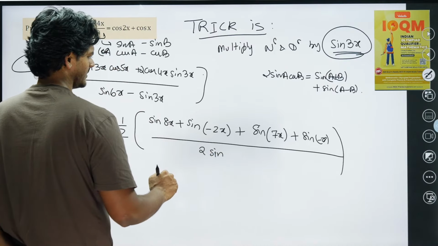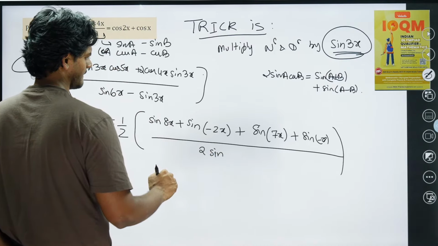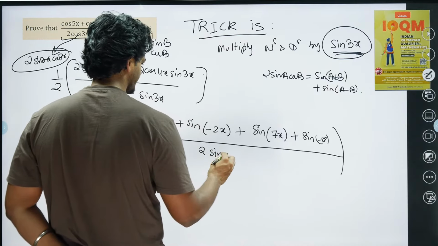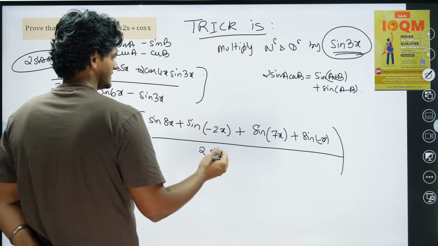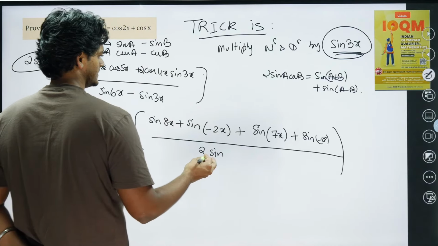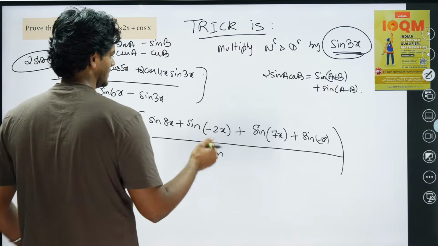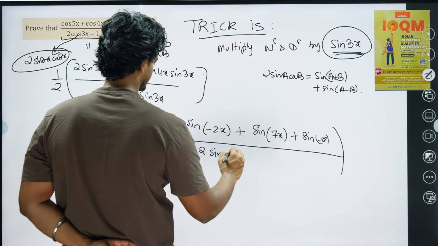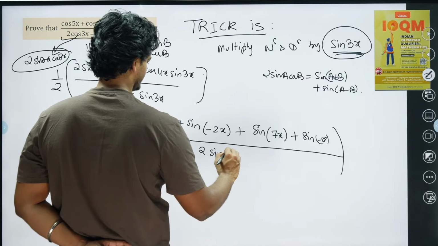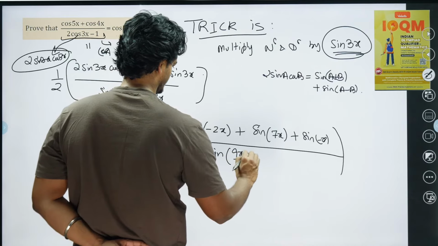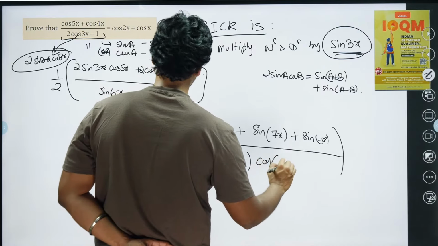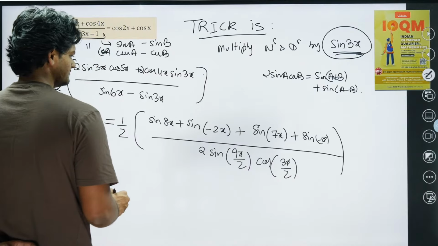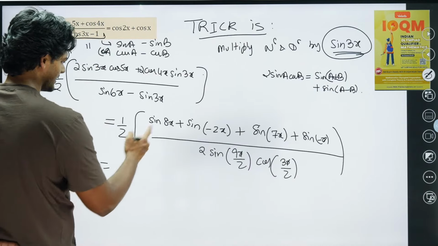Why am I doing this? Okay, let's see what happens. Sin 6x, 2 sin 9x by 2 cos 3x by 2. I don't know, but just look at the numerator.